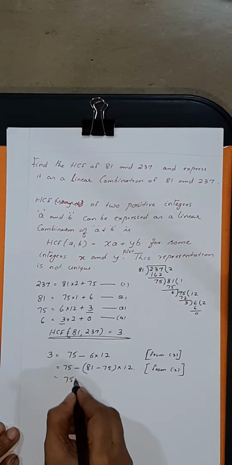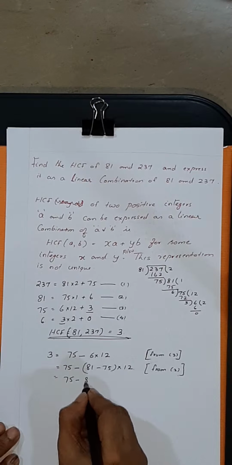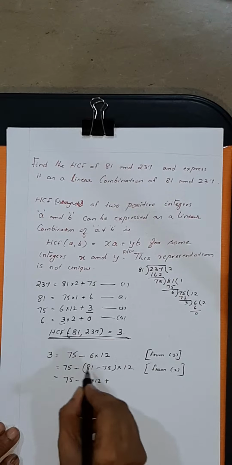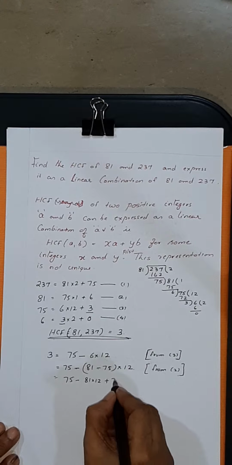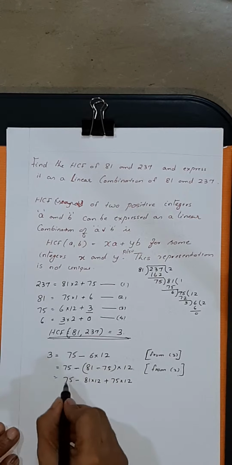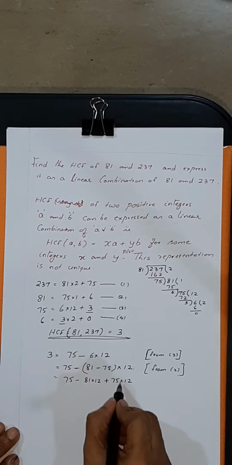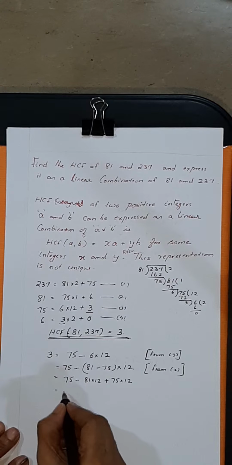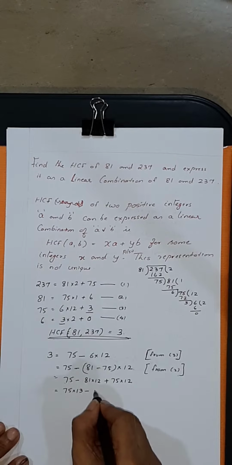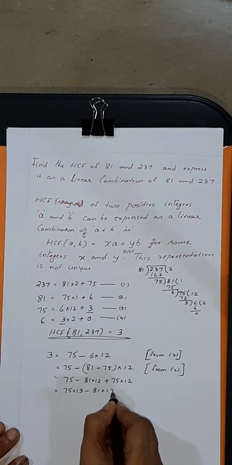So simplifying, 75 minus 81 into 12, plus, minus into minus is plus, 75 into 12. Now adding these two, this is 75 into 1 plus 75 into 12. So this will become 75 into 13, by the distributive law, minus 81 into 12.